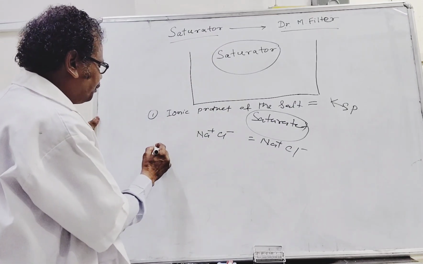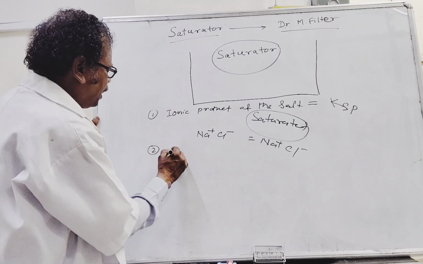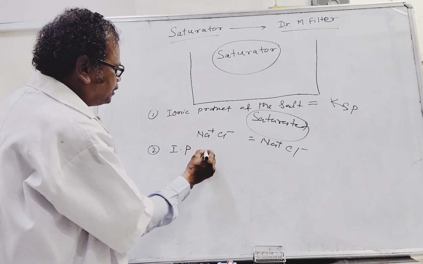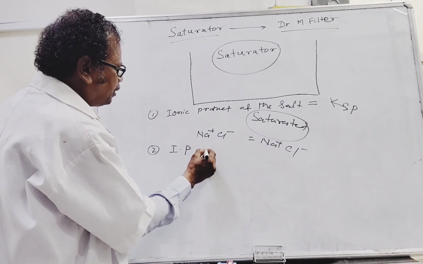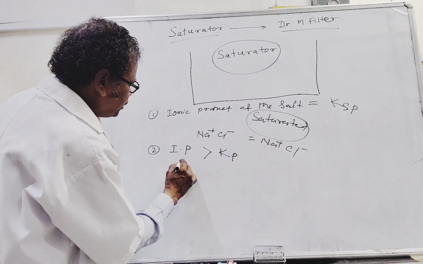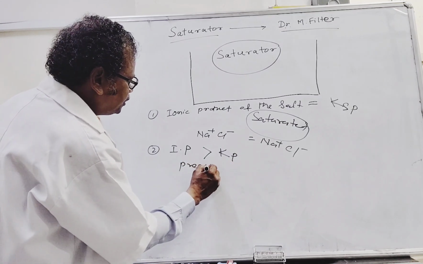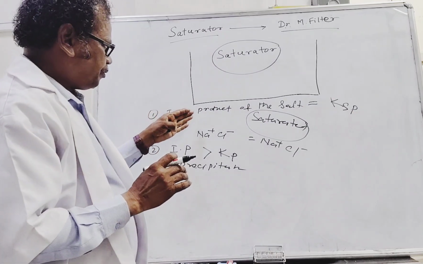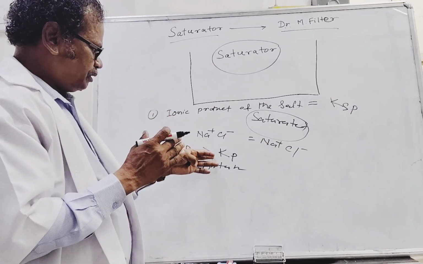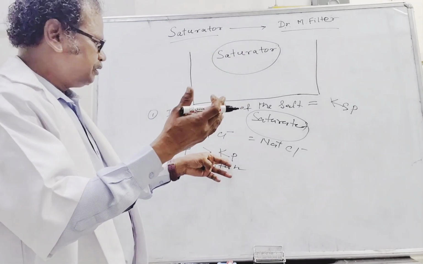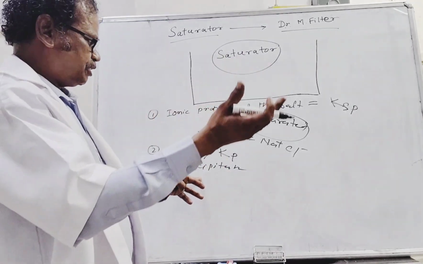Then you come to the ionic product. If the ionic product of a particular salt is greater than the Ksp value of that salt, it is called precipitation.